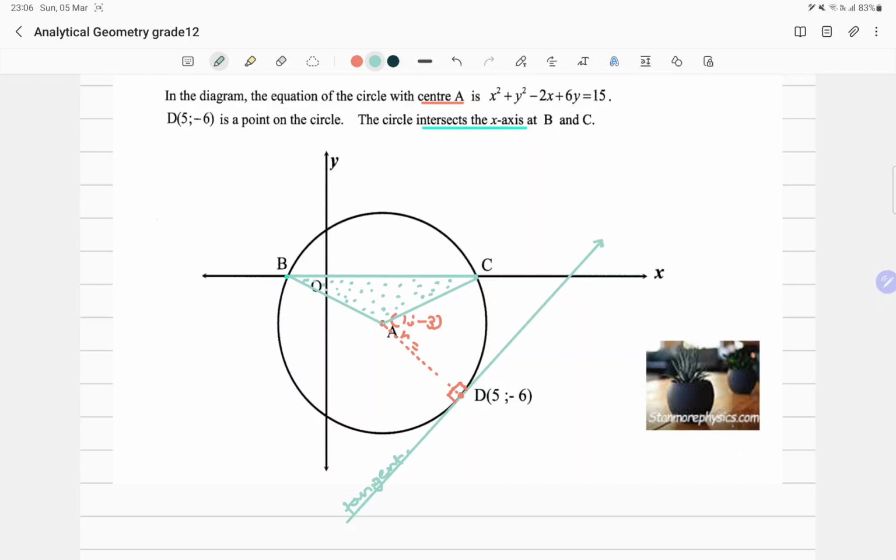Now, what can we do about this triangle? We've worked out the coordinates of B. We got (-3, 0). And then we got the coordinates of C. We got (5, 0). So since BC is a horizontal line along the x-axis, we can easily determine its size by taking the x-coordinate here minus the x-coordinate there, because the y's are 0. So from the distance formula, that falls away.